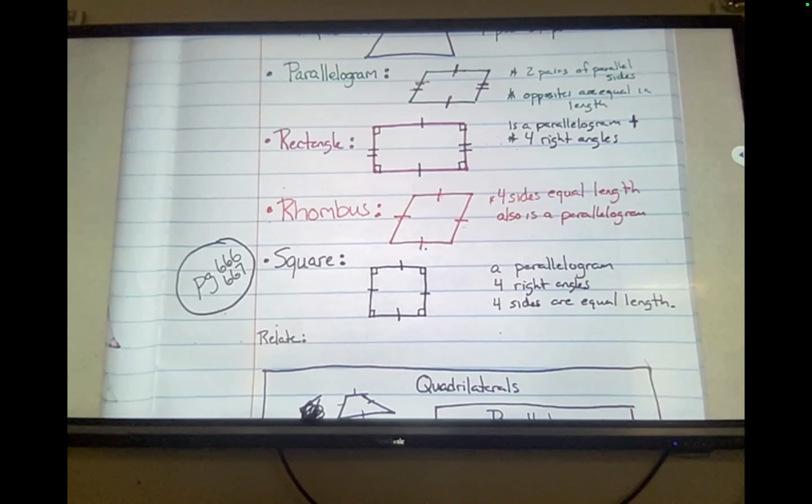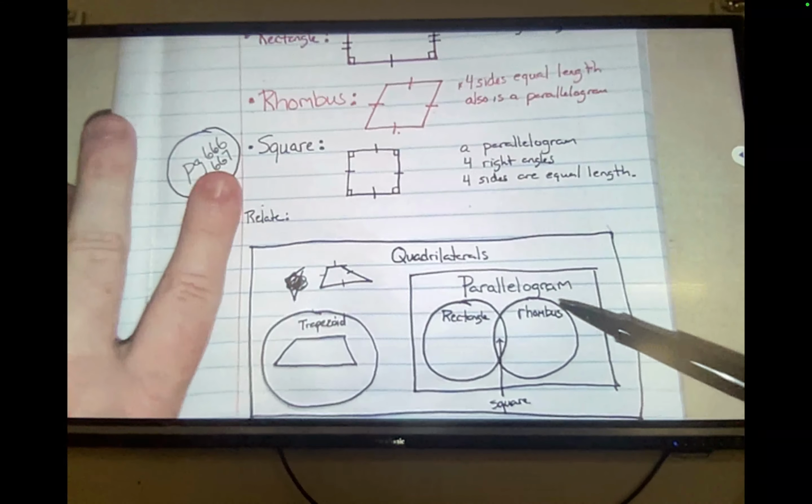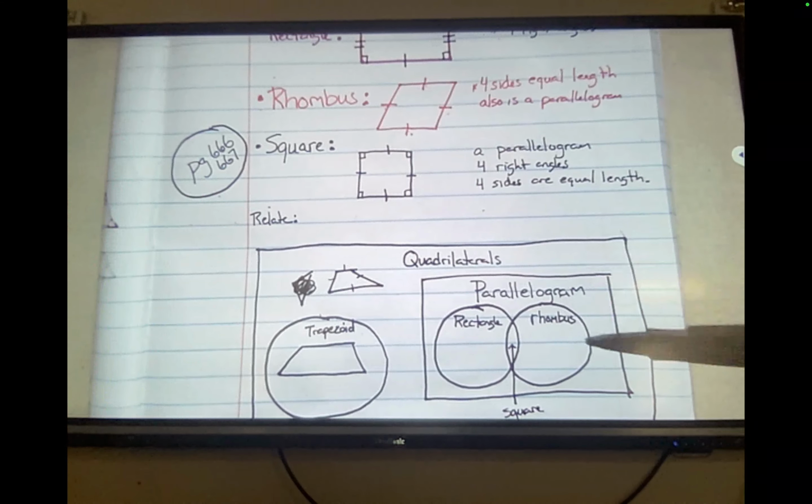But the square is also related to the rhombus. Why is the square related to the rhombus? Because they both have 4 equal sides. So even though the rhombus doesn't have a 90-degree angle, it's related. But why are the rectangle, square, and rhombus all related to the parallelogram?